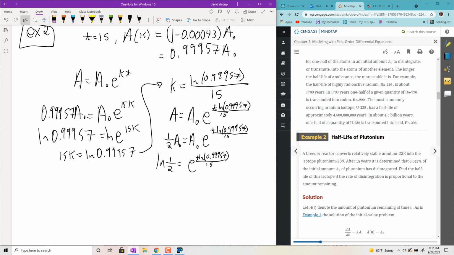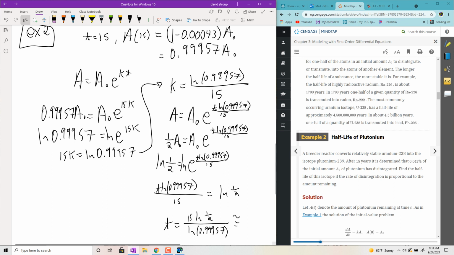Take the ln on both sides, and we get t ln of 0.99957 all over 15 equals ln of 1/2, and then multiply by reciprocals, and t will be 15 ln 1/2 all over ln of 0.99957, and then we can get a nice approximation there.